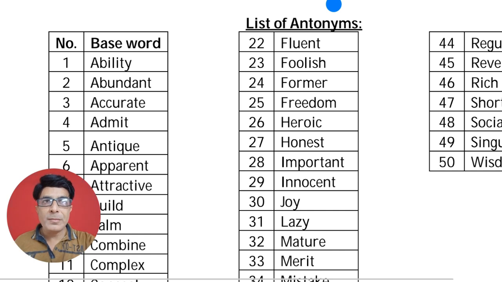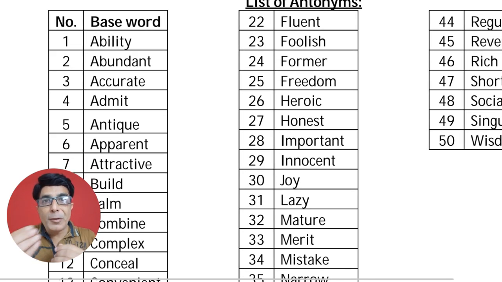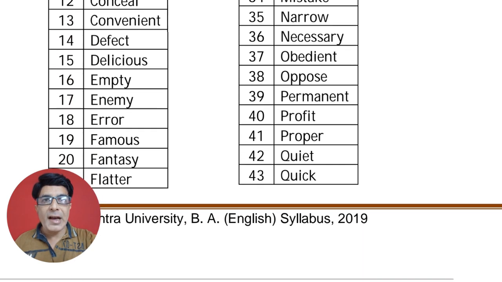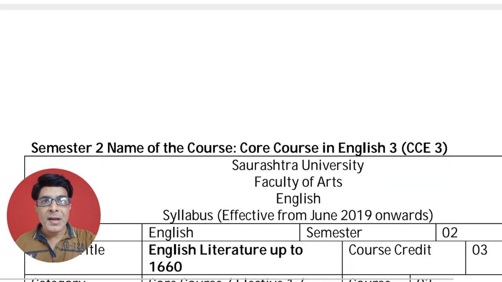Apart from synonyms, you need to prepare the antonyms. Antonyms means the opposite words. So ability is disability. So this is antonym. So here again 50 antonyms you have to prepare from examination point of view.